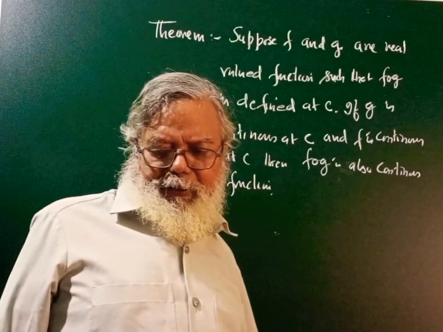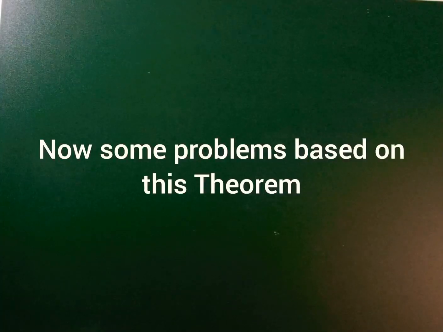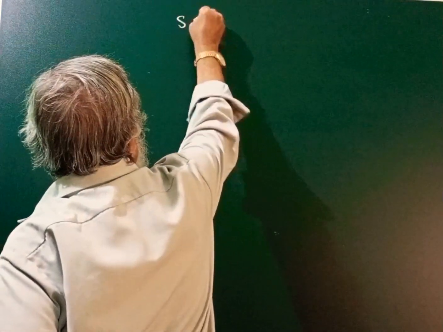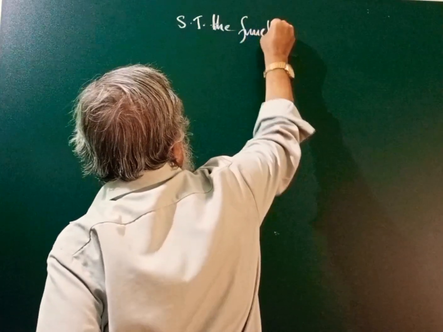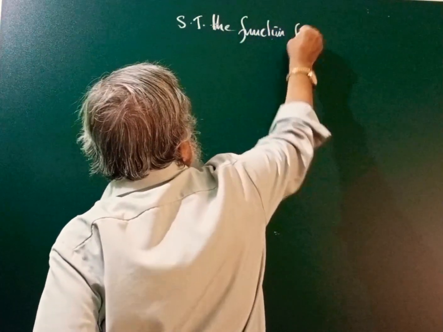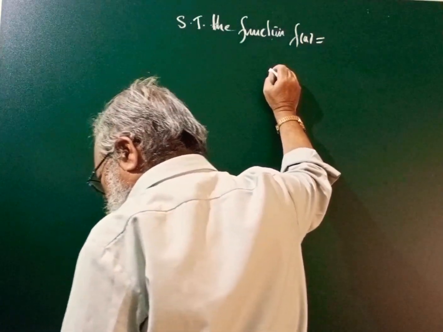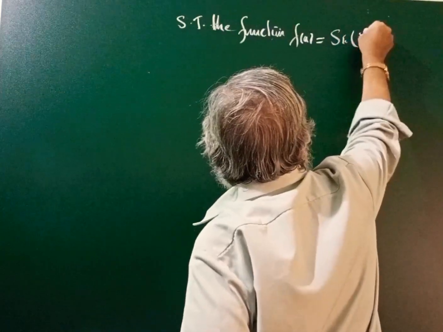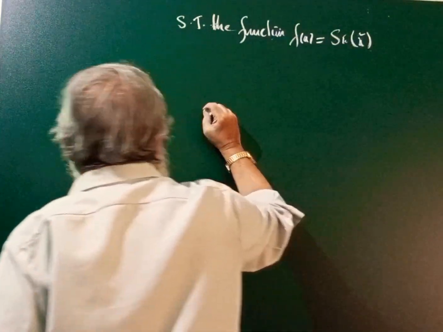That we have to see. Show that the function f(x) is equal to sine of x square is a continuous function.